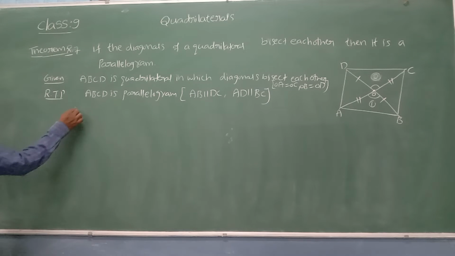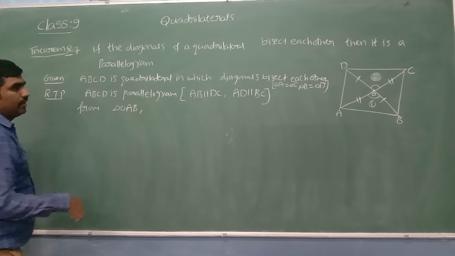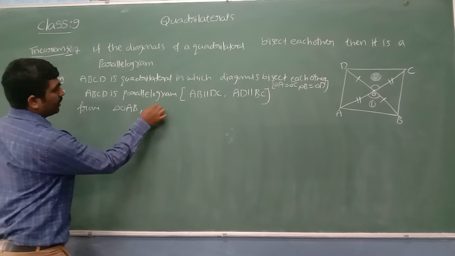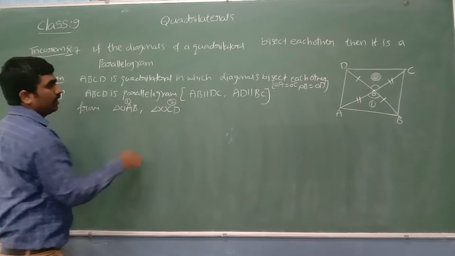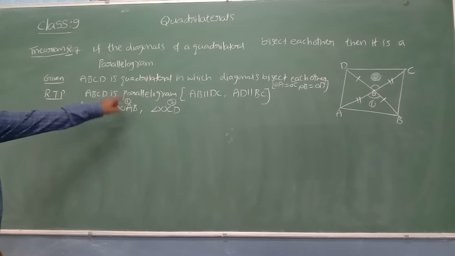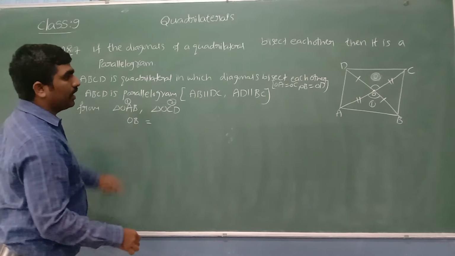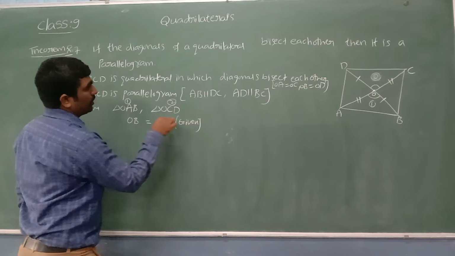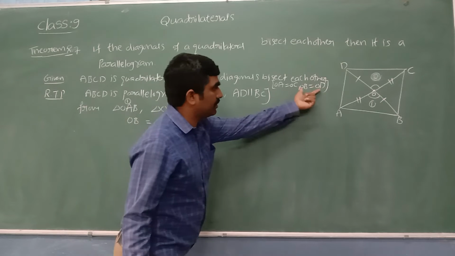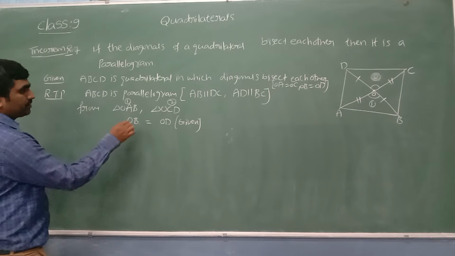Now let us add the equal parts. From triangle OAB and triangle OCD, we can say OB is equal to OD, because it is in the given data.